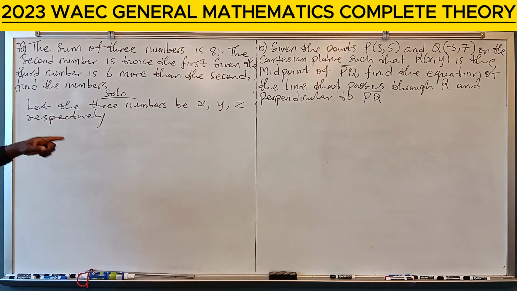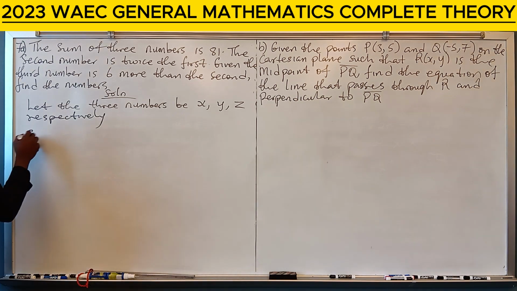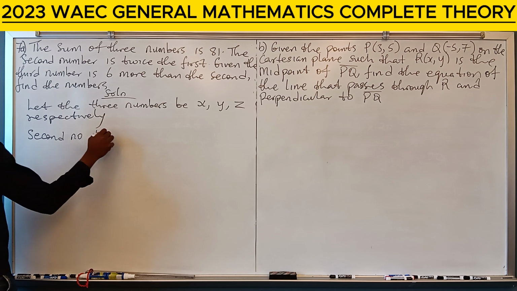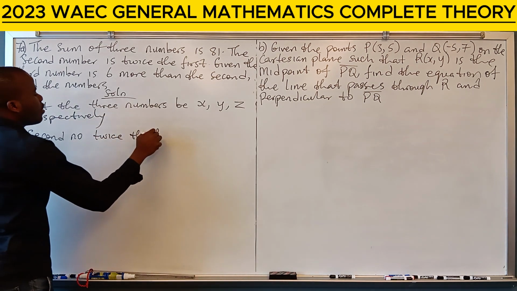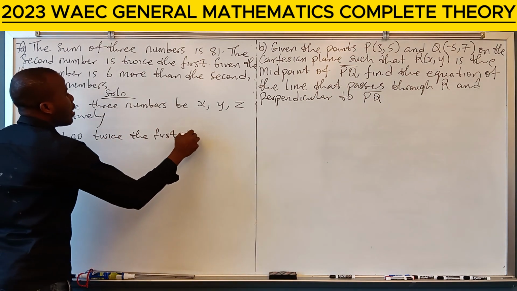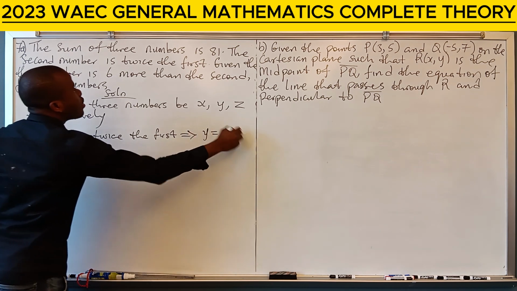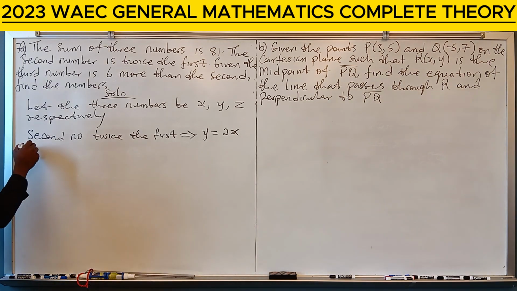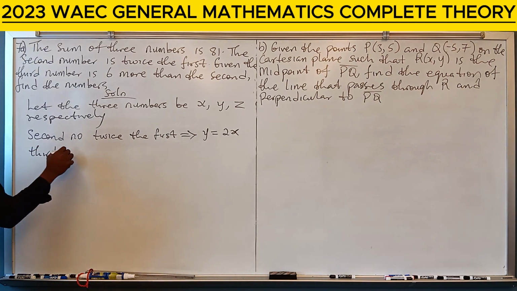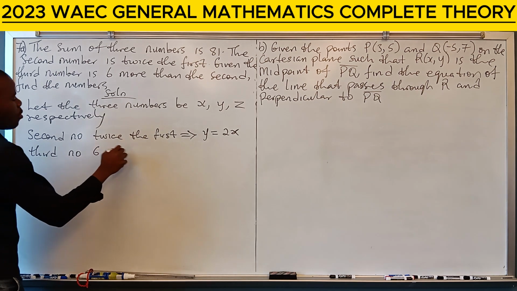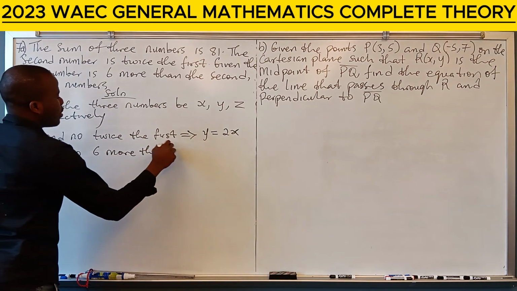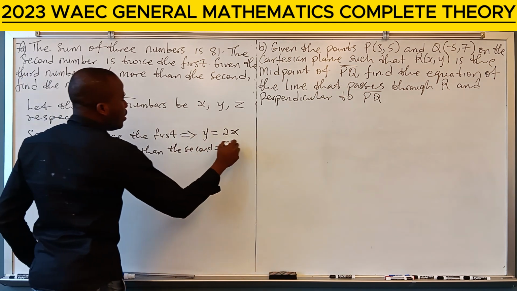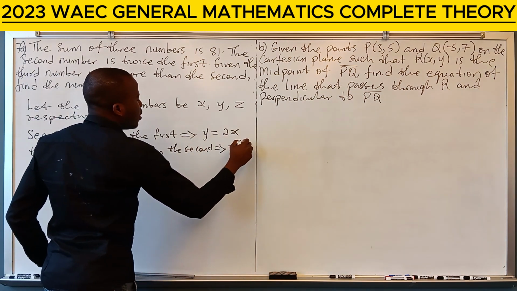So the second, which is twice the first, implies y is 2x, and the third, 6 more than the second, implies z is y plus 6.